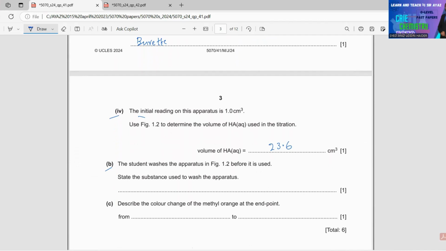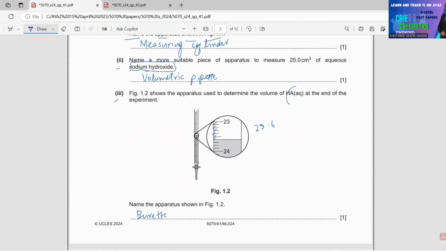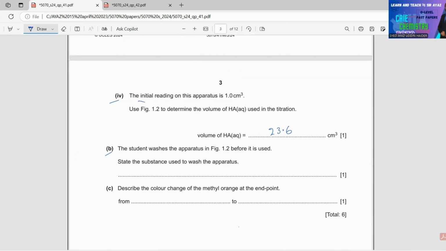B. The student washes the apparatus in figure 1.2 before it is used. State the substance used to wash the apparatus. So what is added in 1.2? HA is used. So we will use HA to wash, which is the acid, to wash the apparatus.